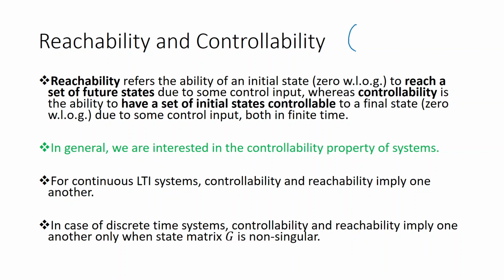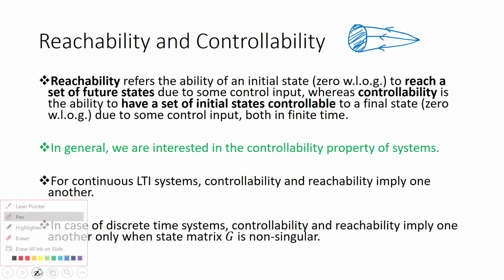So you have a set of states and you have a single state. If you are trying to reach this set of states, then you have to understand whether your system is reachable to this particular set of states or not.